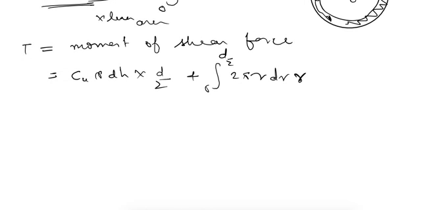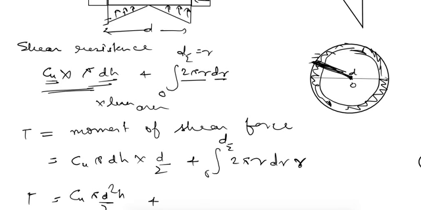Now we integrate this. The first term will be equal to Cu pi d square h by 2, plus this term here, which is for one surface, that is the top surface or the bottom surface.